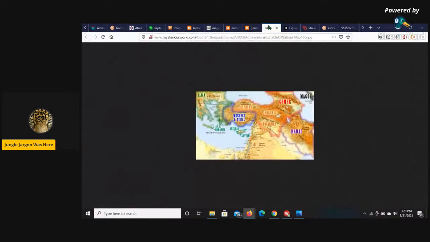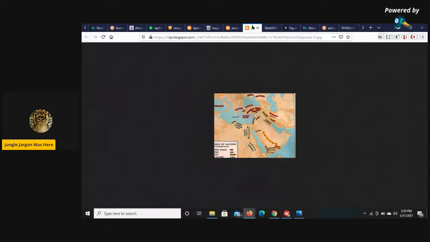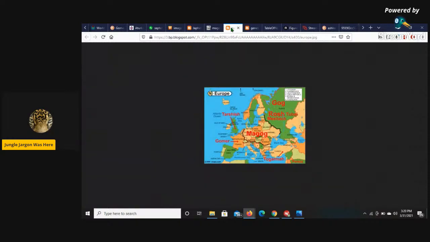Okay, so we have Gomer, Javan, Madai, Meshech and Tubal, and Magog. I can't see. This map is totally wrong.